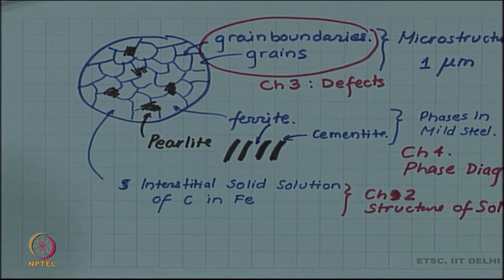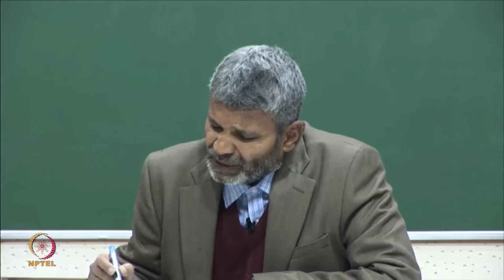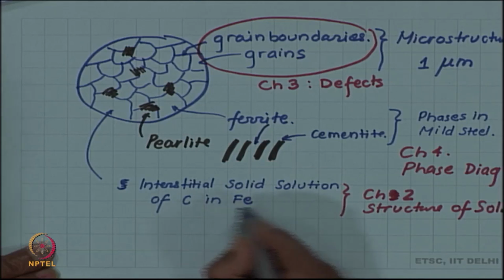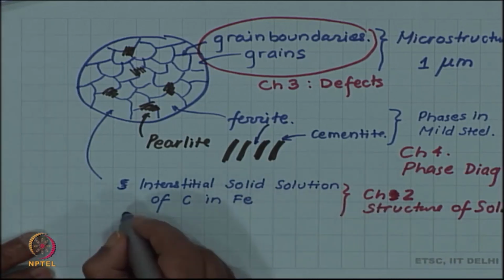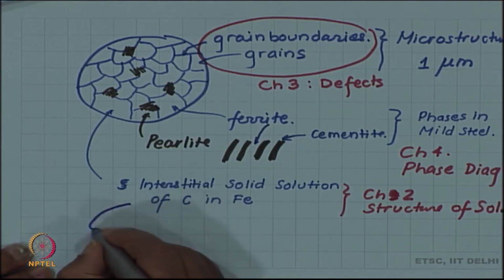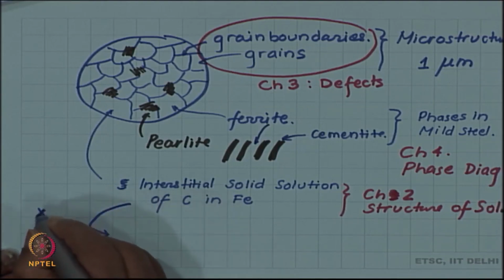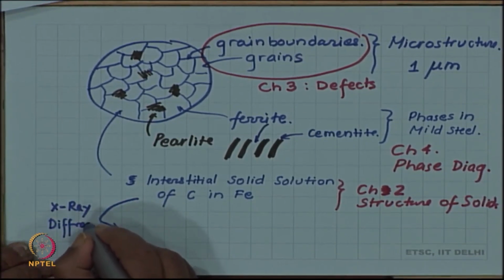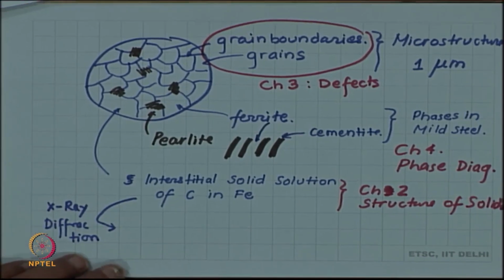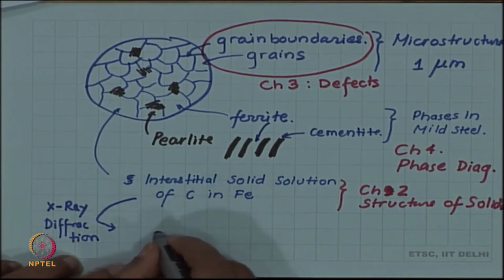Finally, if we want to go in still more detail and look at how the atoms are arranged inside this solid solution, we have to use a technique like X-ray diffraction. If we use X-ray diffraction, it will tell us that this solid solution actually has a structure of body centered cubic.